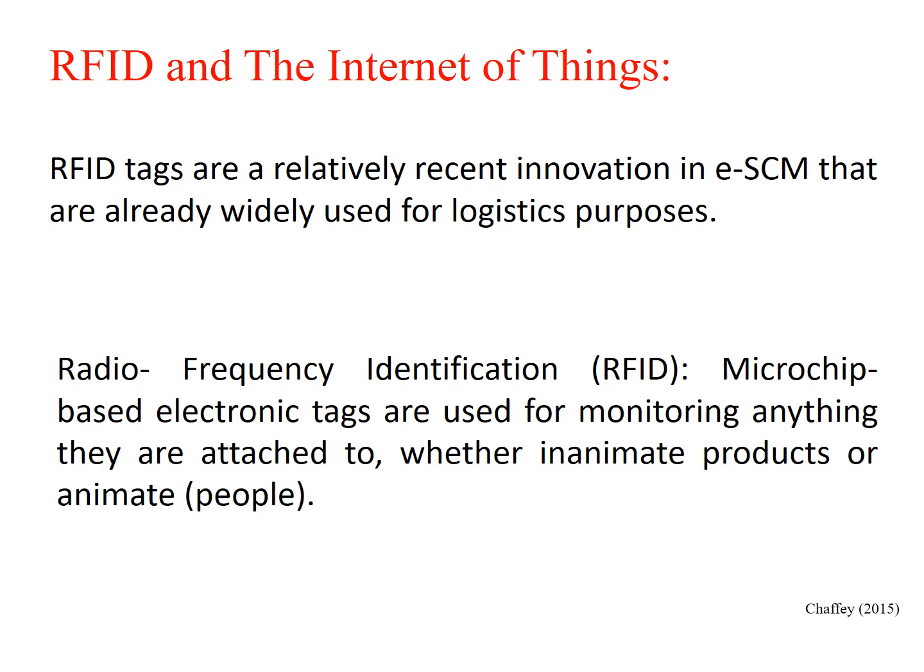So you can monitor anything they are attached to. This is a relatively new thing, and it will help tell you how quickly your goods are moving, how quickly they're not moving. Are they stuck on the shelf? How long have they been on the shelf for? Very good in terms of RFID tags, a relatively new type of technology in logistics.